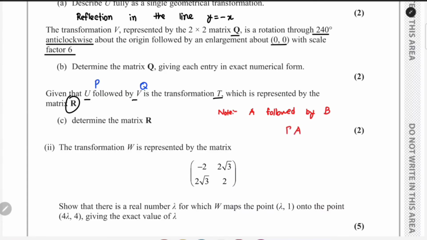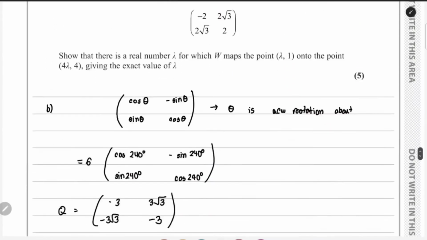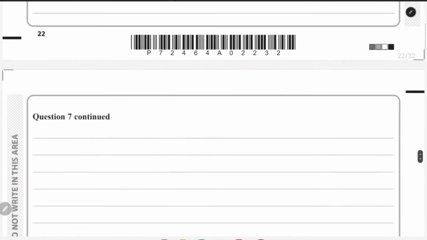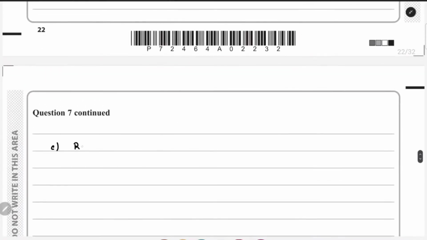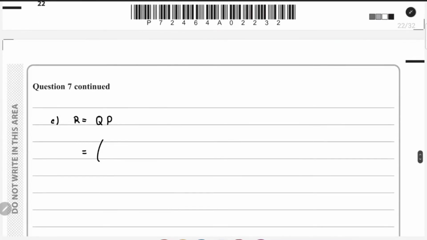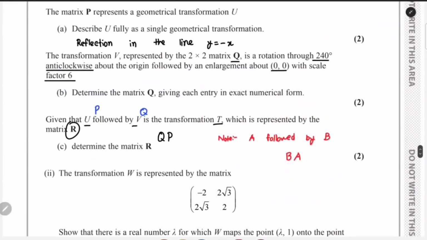So in this case, we need QP over here. So matrix R is Q times P. The matrix Q is minus 3, 3 root 3, minus 3 root 3, minus 3. And the matrix P is 0 minus 1 minus 1 0.